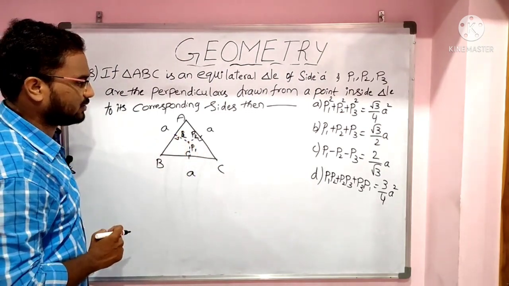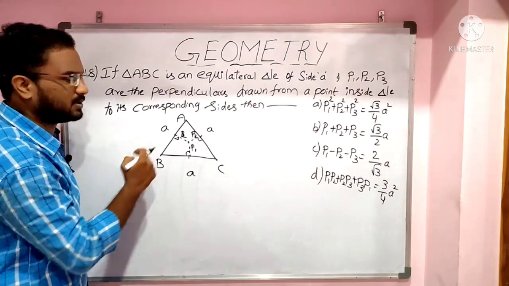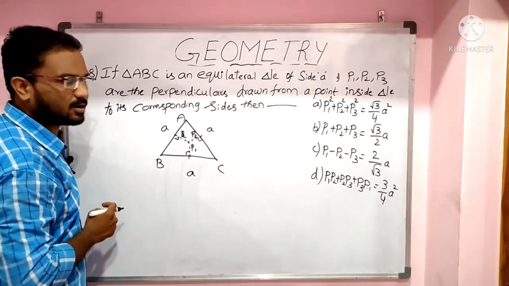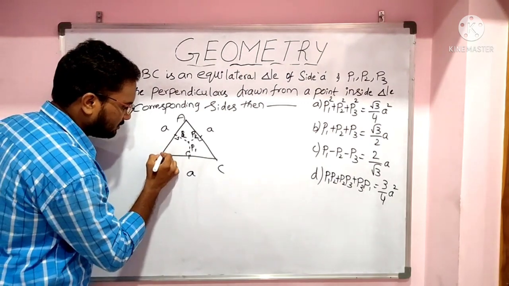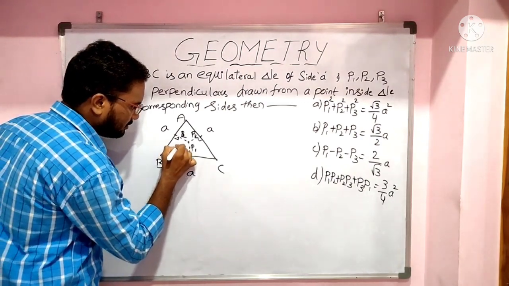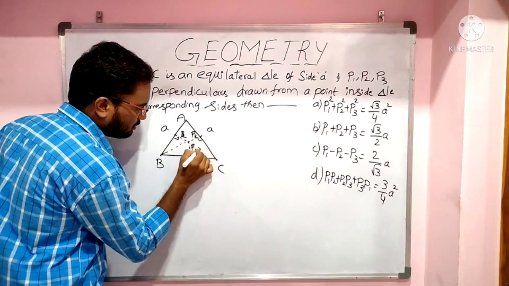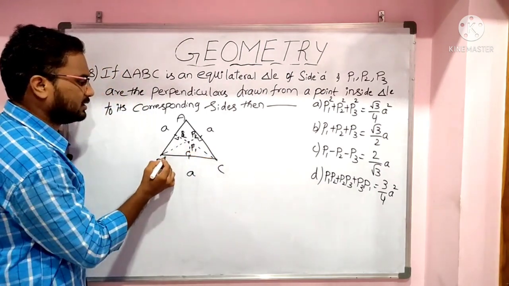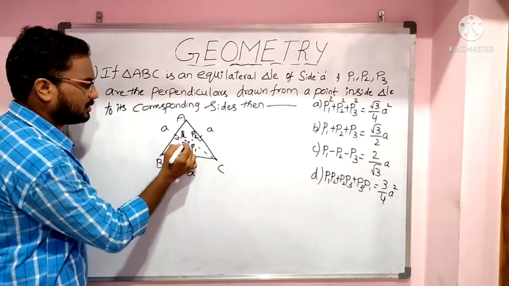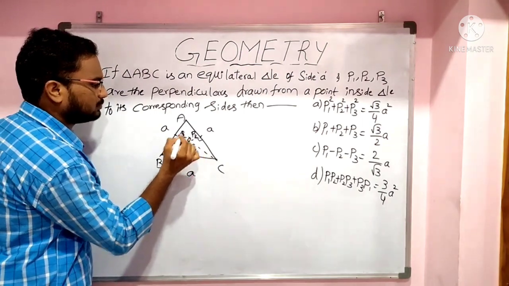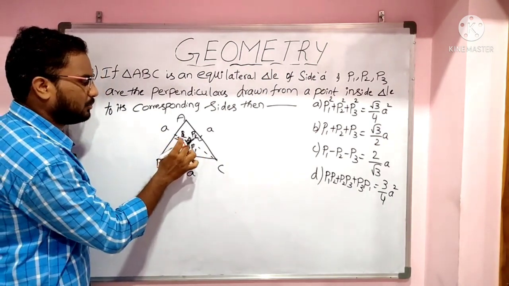We need to find the relation between P1, P2, P3 and the side of the equilateral triangle. So let us draw this. This is a triangle, and this is some point O.